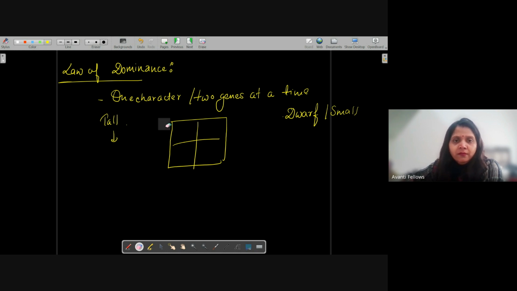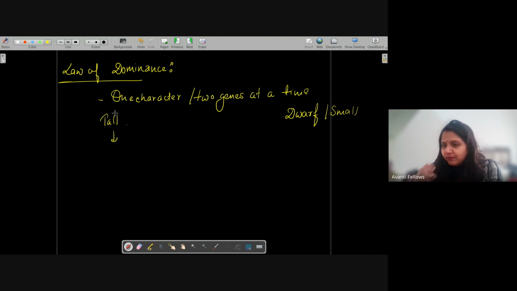I don't know how much you know about genetics. What we used to do is, this is called the parent character. The tall one is the parent character, and suppose this is the female parent, and it has a gene. You know that there are chromosomes which are responsible for any character in the body of the organism.